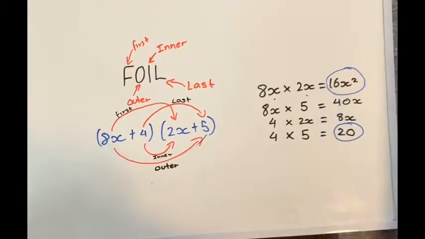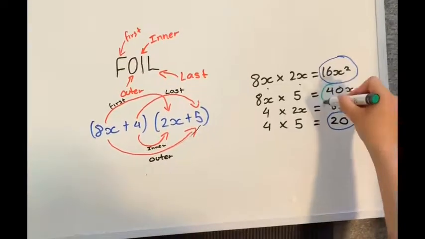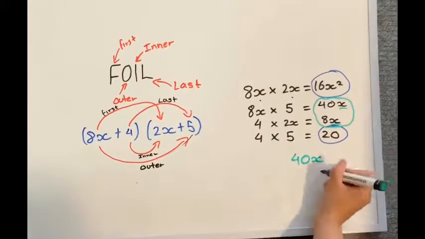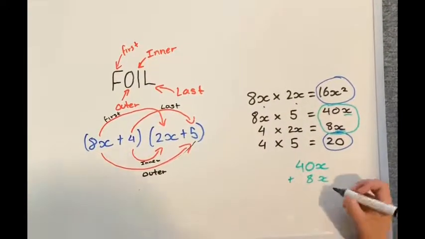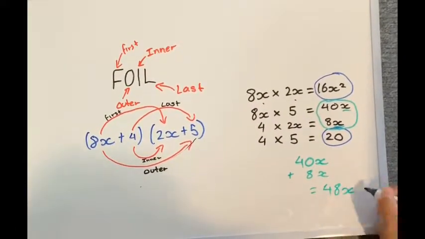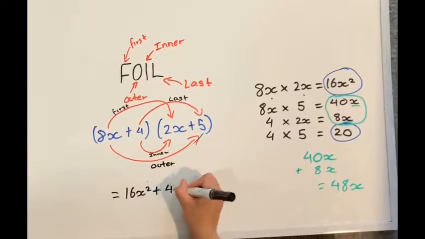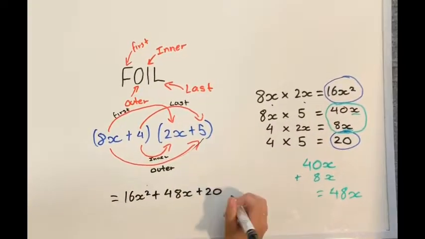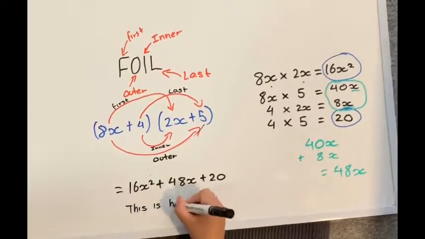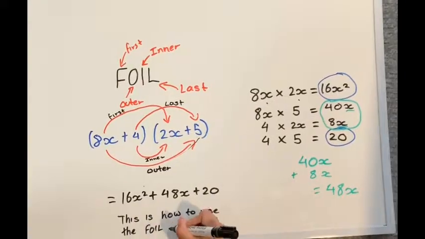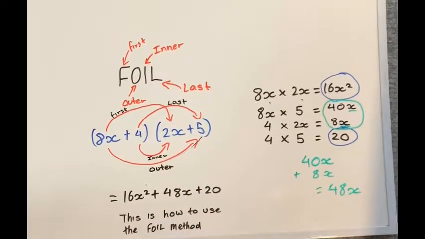Now that we have our answers, we can gather our like terms, which is 40x plus 8x. We'll add these two together, and that will equal 48x. There we have it. Our answer will be 16x squared plus 48x plus 20. This is how to use the FOIL method.